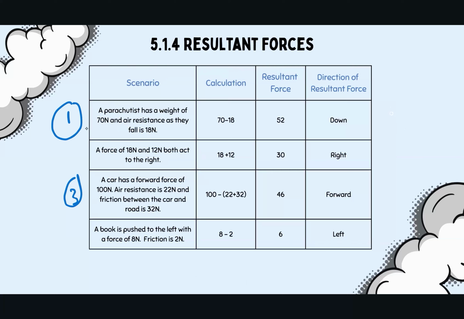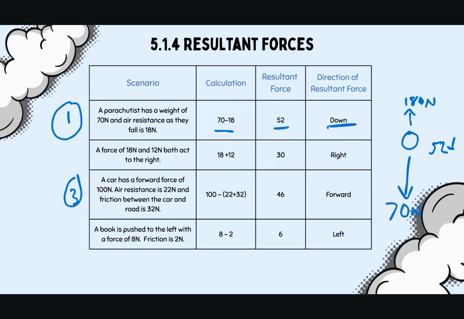So what that means is when the parachutist is falling downwards, the weight is 70 newtons. The air resistance opposing that change is 18 newtons. So what is the resultant force? It's going to be 70 take away 18, which is 52 in a downward direction. So the overall answer is 52 newtons downwards.